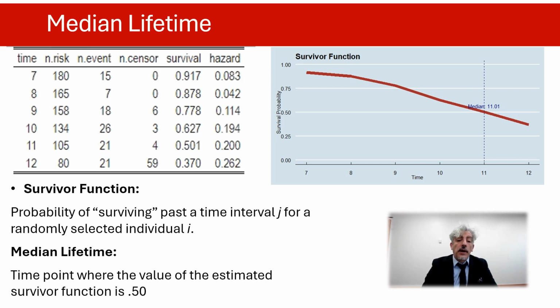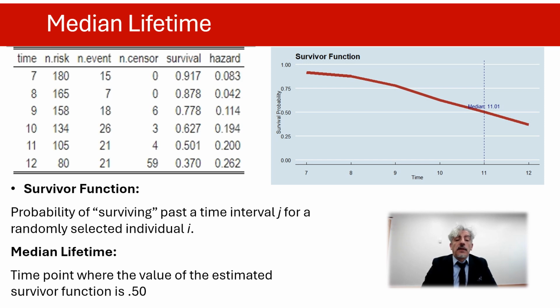And this survival function is also useful in providing an estimate of central tendency, the median lifetime. The median lifetime is the time value where the estimated survival function is 0.50, or in other words, is the point where half of the sample has experienced the target event.